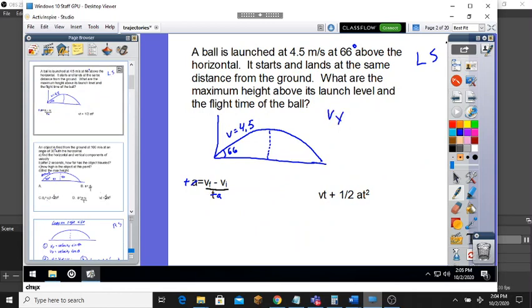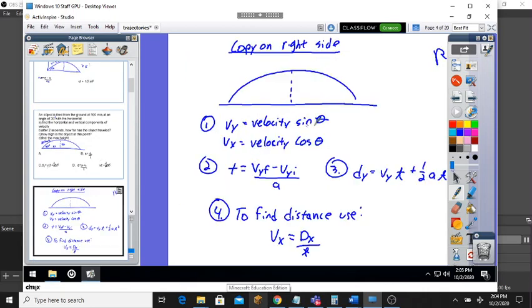Vy, that should be a V. Vx, and that should be a Y. What I need to do here, if I take a look at my notes, is velocity sine, and this is theta, which is the angle.